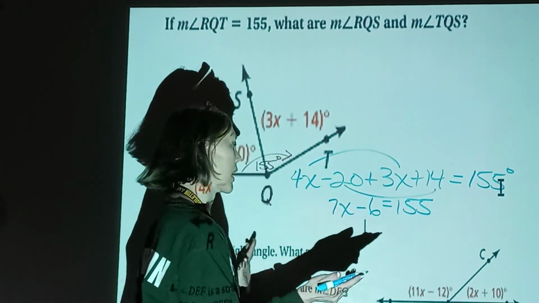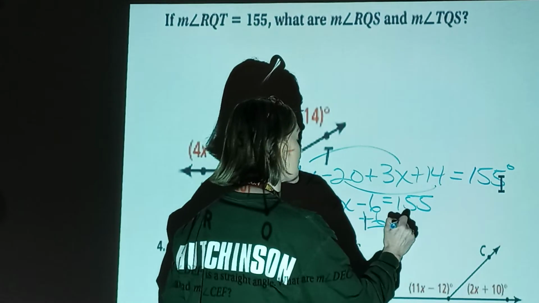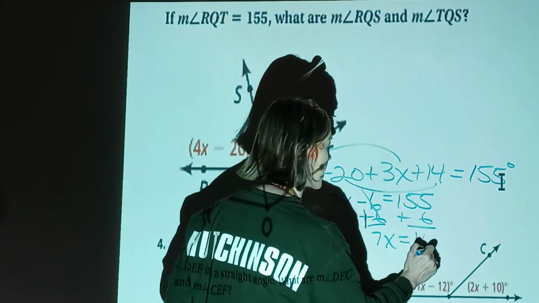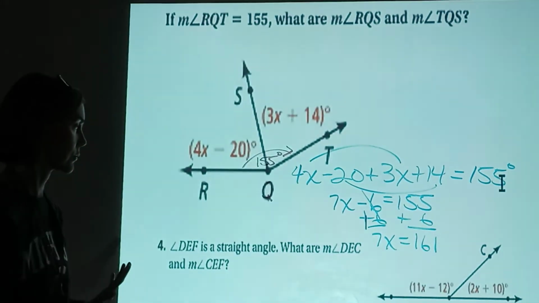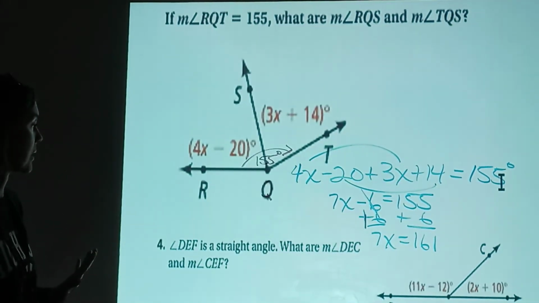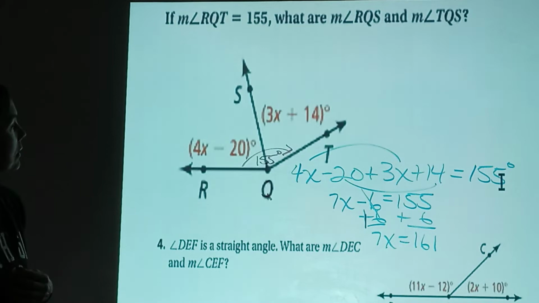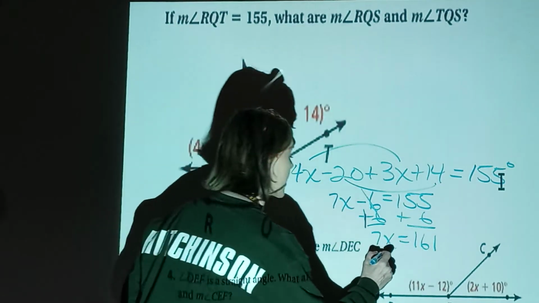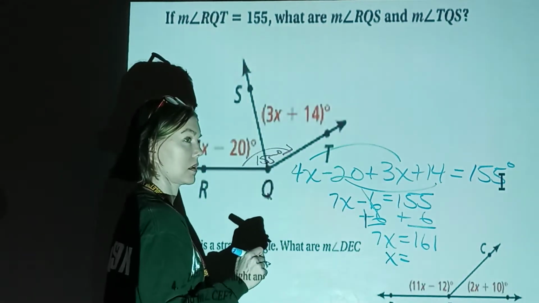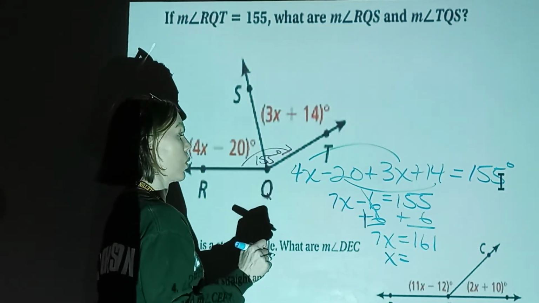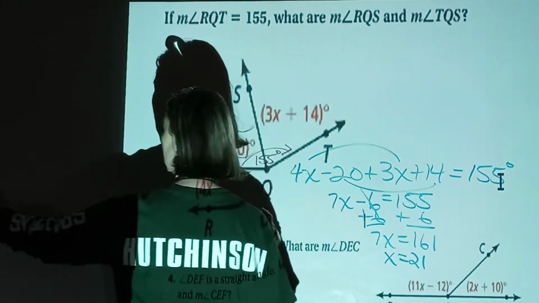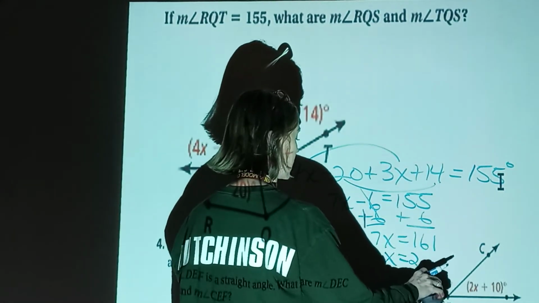So add 6 to both sides. 7x equals 161. And we divide by 7 on both sides. X equals what? 161 divided by 7? 23.